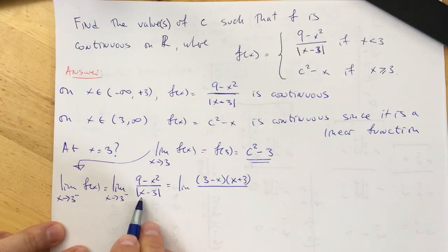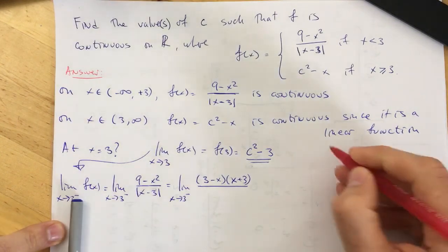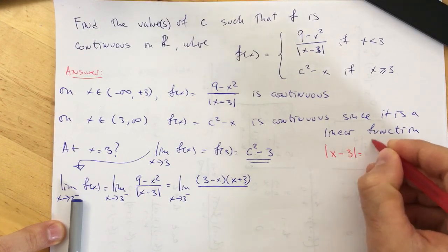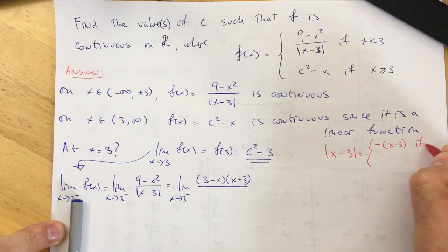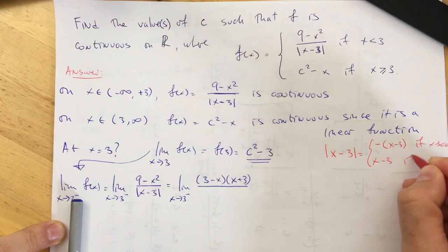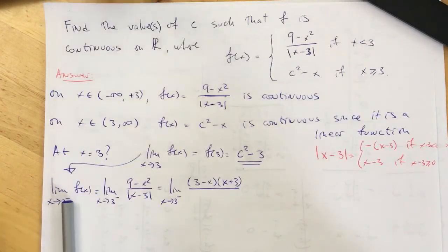but now the denominator, we have to get rid of the absolute value. Whenever we're dealing with the absolute value, the absolute value of x minus 3 can be either negative (x minus 3) if x minus 3 is less than 0, or positive x minus 3 if x minus 3 is greater than or equal to 0. So let us determine.